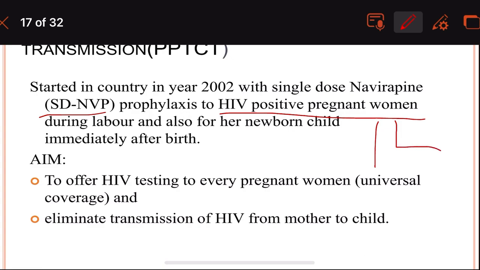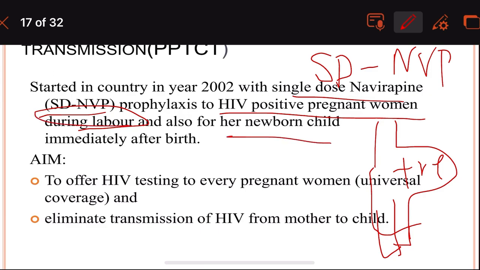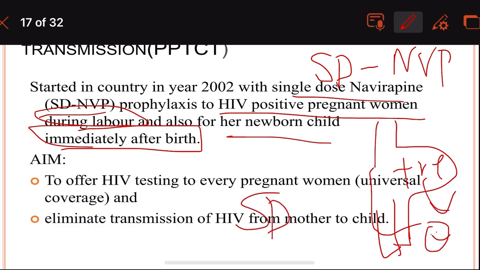So any pregnant woman who is HIV positive will be provided with a single dose of Nevirapine during labor, and also for her newborn child immediately after the birth. So after the birth, the baby also gets a single dose of Nevirapine. Fine.